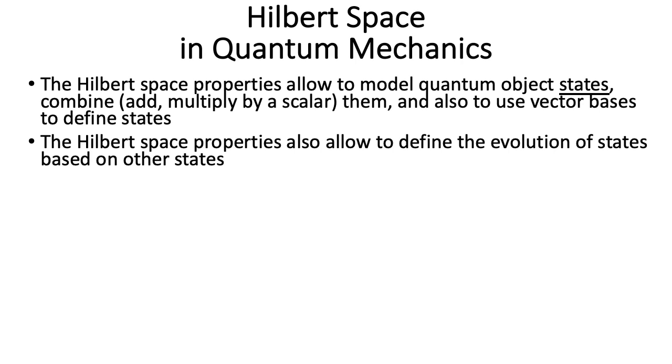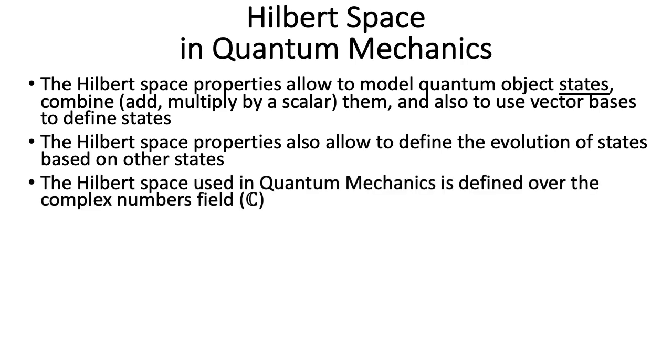Now, the Hilbert space used in quantum mechanics is defined over the complex numbers field, called C. And that means that the inner product will be a complex number. And it will be defined like this.